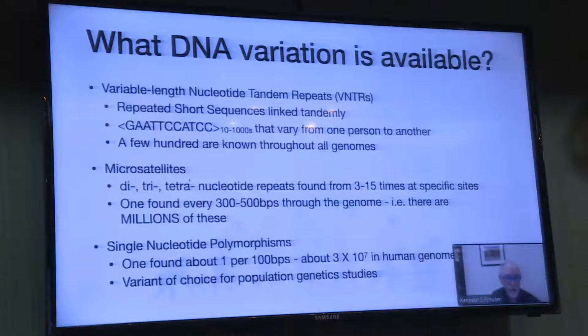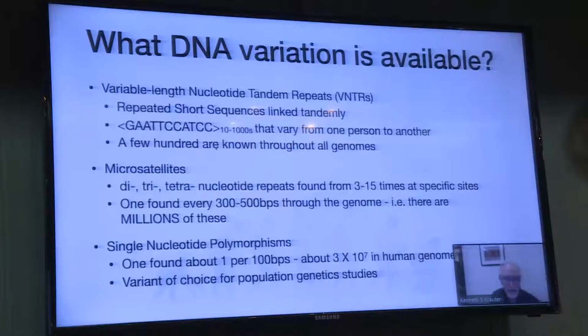And these are called microsatellites, as opposed to these VNTRs, which are often referred to as minisatellites because they're bigger. But the microsatellites are much more prevalent in the human genome. In fact, about every 300 base pairs or so in the human genome, one can find a microsatellite sequence.